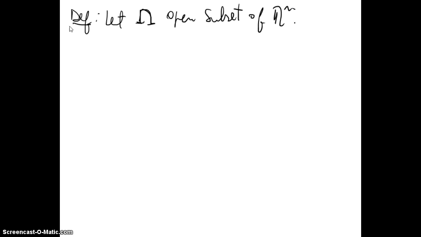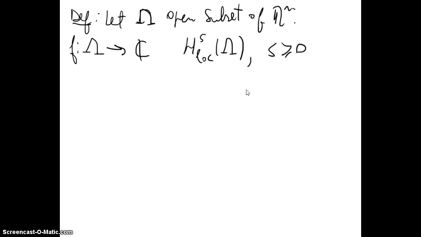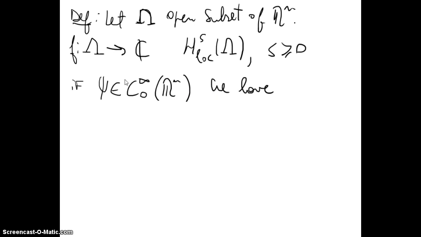Okay, so we say that f from omega to the complex numbers is in H^s_loc of omega, with s greater than 0, if for every psi in C infinity naught, recall infinity derivatives and support, yes, compact support, I wanted to say there, we have that psi f is in H^s of R^n.